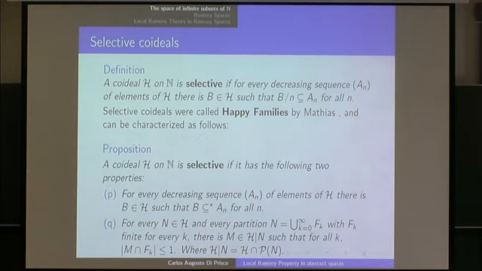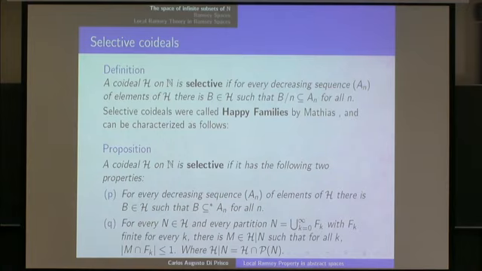A coideal is called selective if for every decreasing sequence of elements of H, decreasing in the sense of containment, there is an element B of the collection such that the tail of B above a number n is contained in the nth element of the sequence.